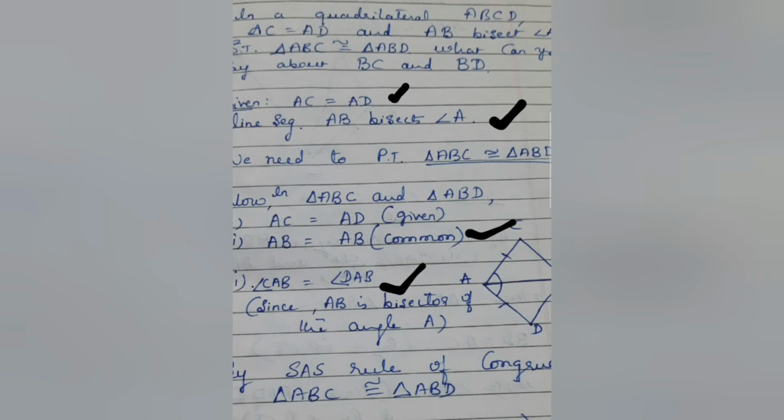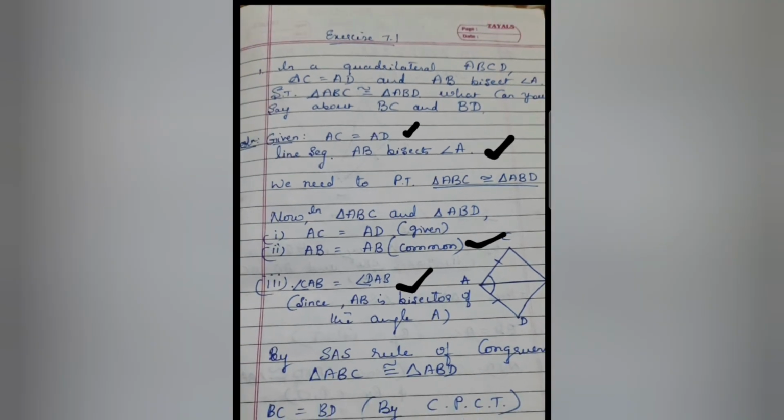Angle A is included in both the triangles, so angle CAB is equal to angle DAB, since AB is the bisector of angle A. Since you have two sides and one angle, you can say that the SAS rule of congruency is proved here.